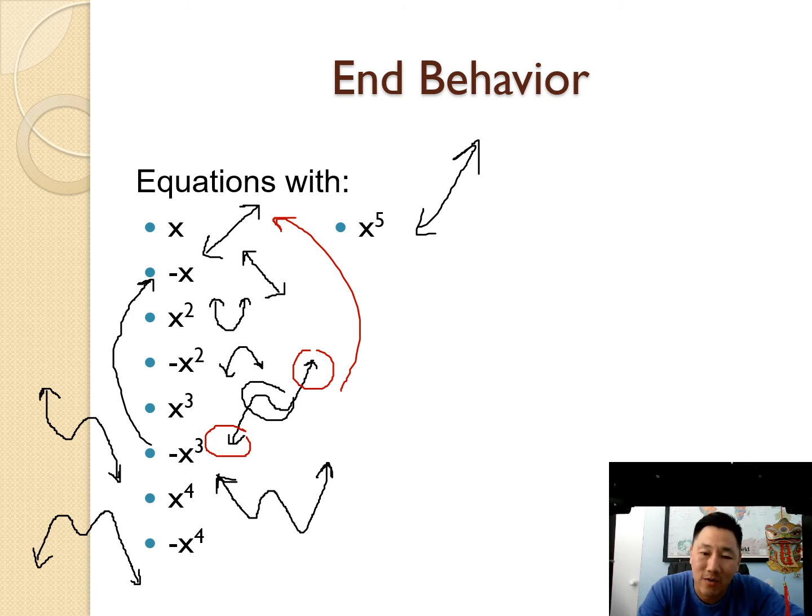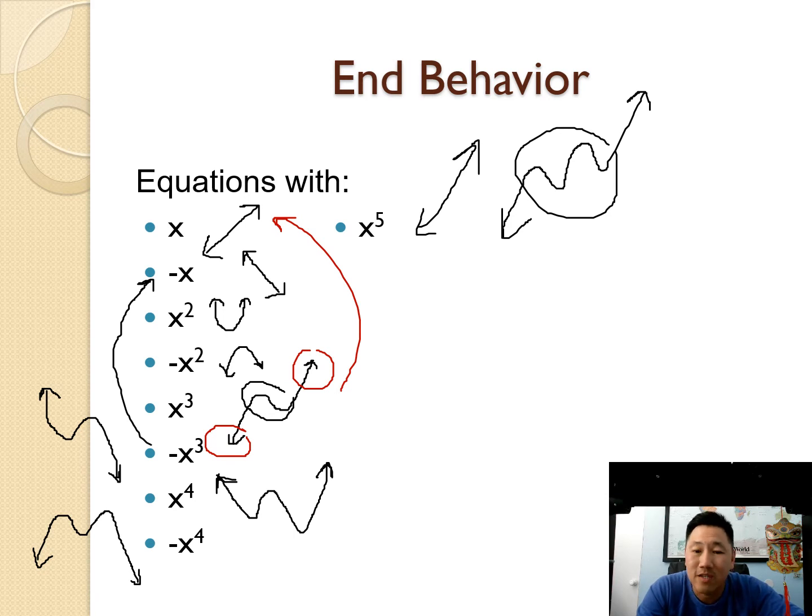If you were to actually graph it, it would look like this. 1, 2, 3, 4, 5. So there are inflections inside, but for now, again, we're only focusing on what happens at the ends of it. Negative x to the 5th, in general, is going to look like this. Left side up, right side down.